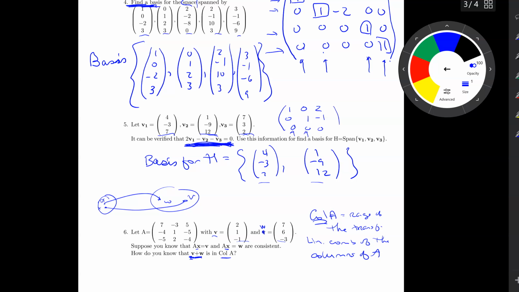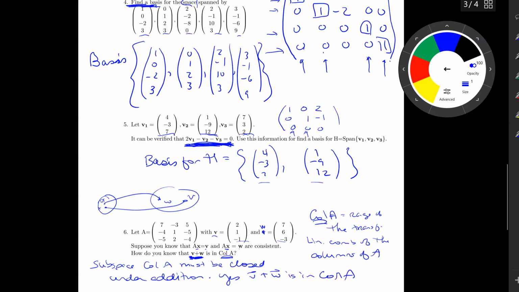So if I take a V in Col A and I take a W in Col A and I add them together, it has to stay in Col A. So the subspace Col A must be closed under addition. So yes, V plus W is in Col A.